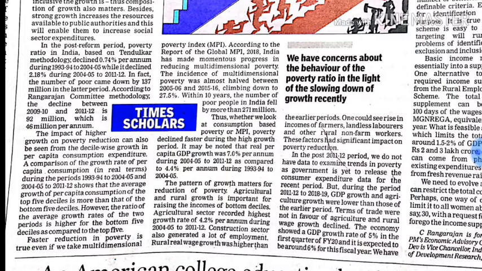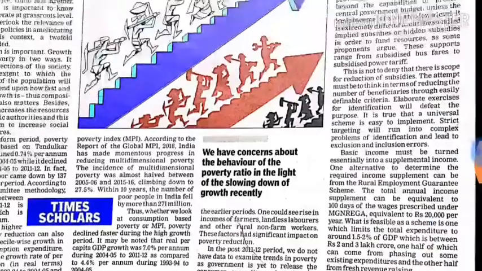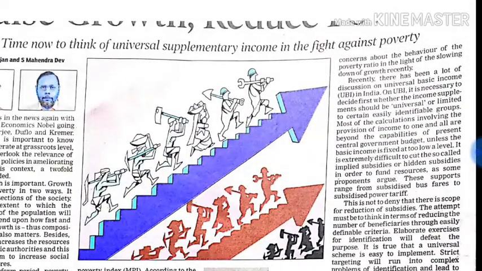Terms of trade were not in favor of agriculture and rural wage growth declined. The economy showed a GDP growth rate of 5% in the first quarter of financial year 2020 and it is expected to be around 6% for this fiscal year. We have concerns about the behavior of the poverty ratio in the light of the slowing down of growth recently.